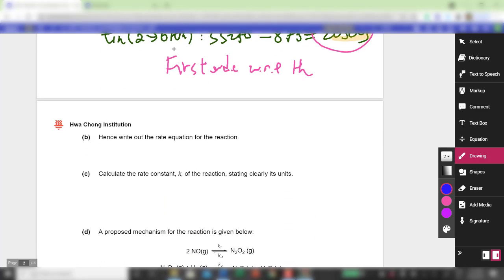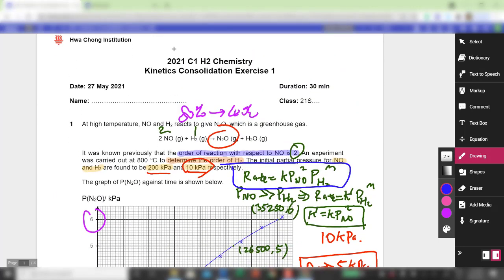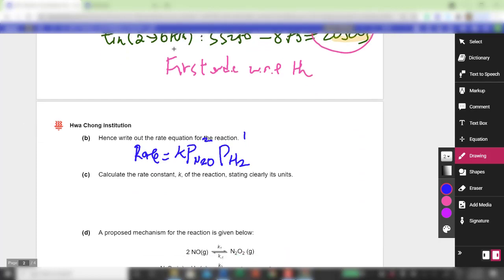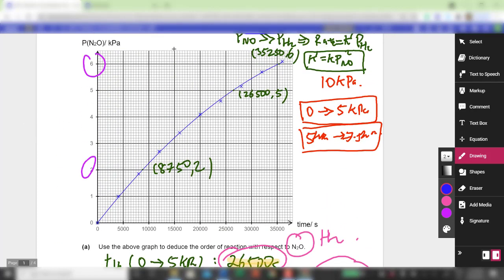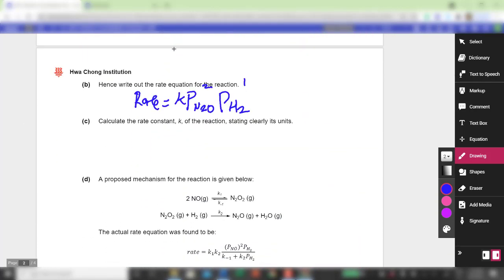Therefore, our rate law will be rate equals k times the partial pressure of NO to the power of 2 and the partial pressure of H2 to the power of 1. Sorry, not N2O, it's actually NO. Just correct this. Apologies.